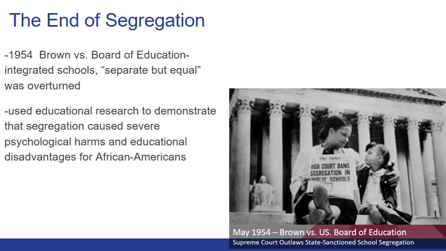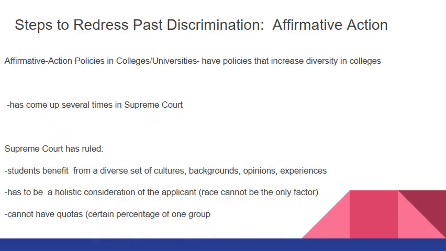In the case, educational researchers proved that segregation not only caused severe psychological harms for African Americans and Hispanics, but also led to reduced educational opportunities for those groups. After segregation ended, universities, both public and private, took a step to redress and correct some of the educational inequities that had occurred under segregation.